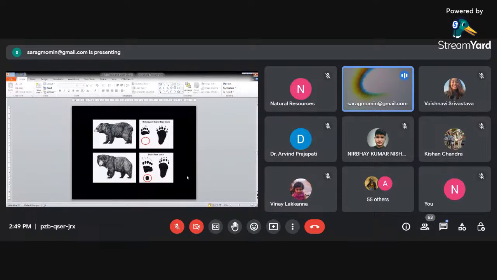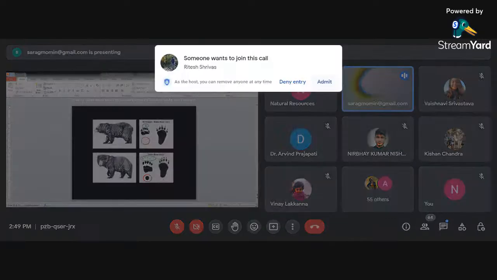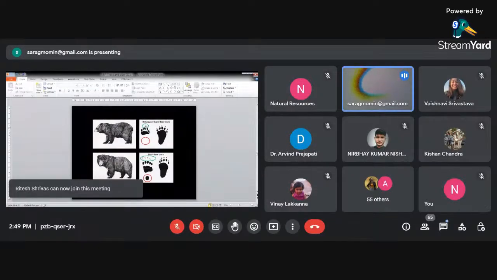There is another distinguishing character you will find. Here, the nail marks of the second, third and fourth fingers are almost connected with each other, pointed towards one point. But here, no such trend you can find. Here, the second, third and fourth nails are pointed in one direction.